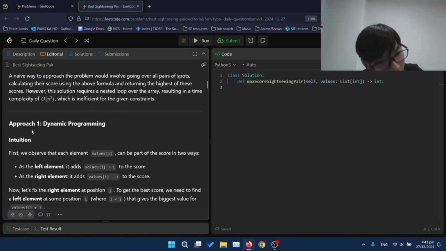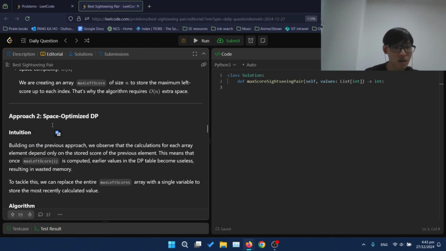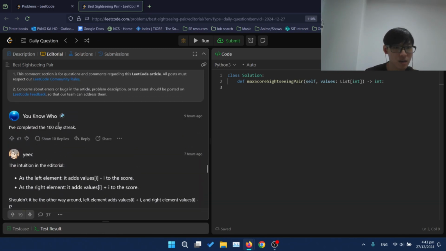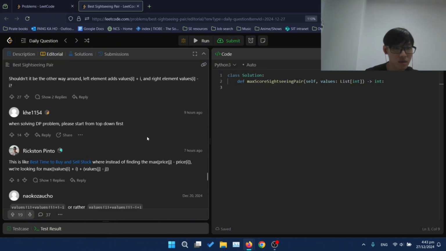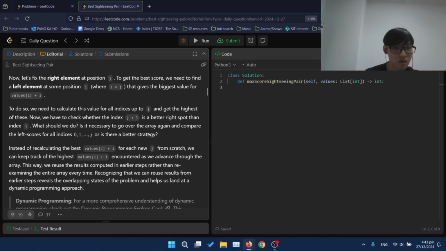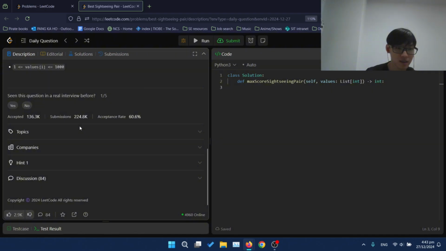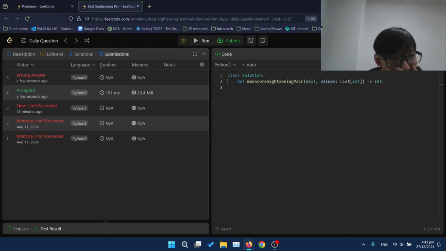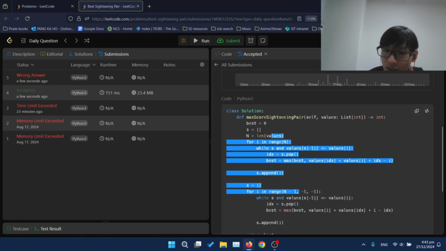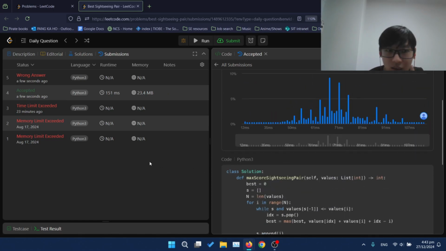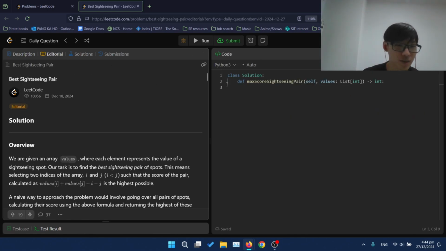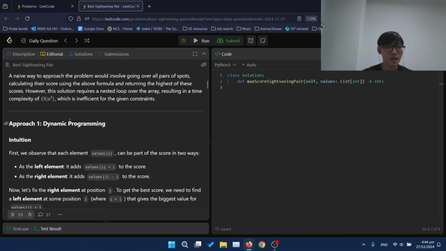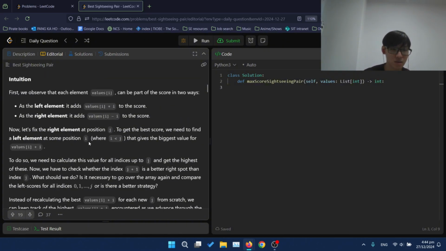Dynamic programming? Oh my god, I was thinking of that. Is that really a monotonic stack? Wait, what? Really? What the fuck? I accidentally solved this problem and the solution is not even in the editorial. Okay, but let's see how they do it.